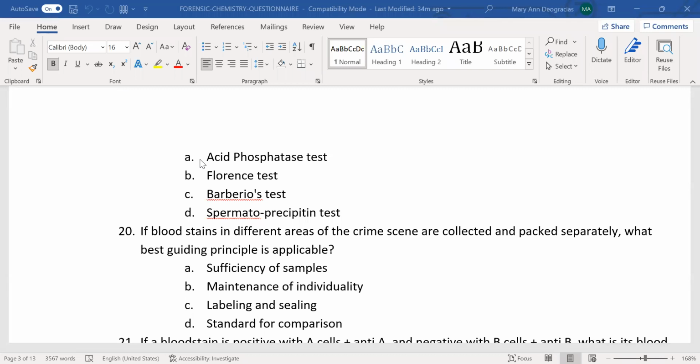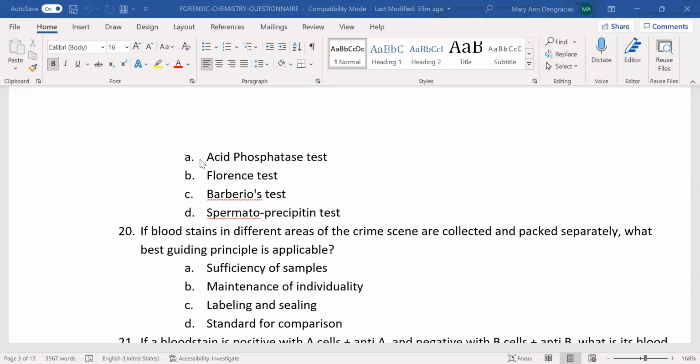Okay, our answer guys is letter A, acid phosphatase test. Ang Florence test, ang positive result niyan is a dark brown, choline per iodide crystals. Dark brown. Ang Barberius test, ang positive result niyan is a yellow precipitate of spermine picrate.